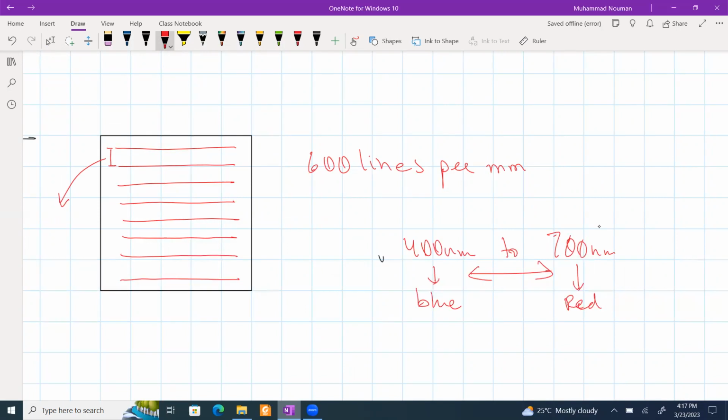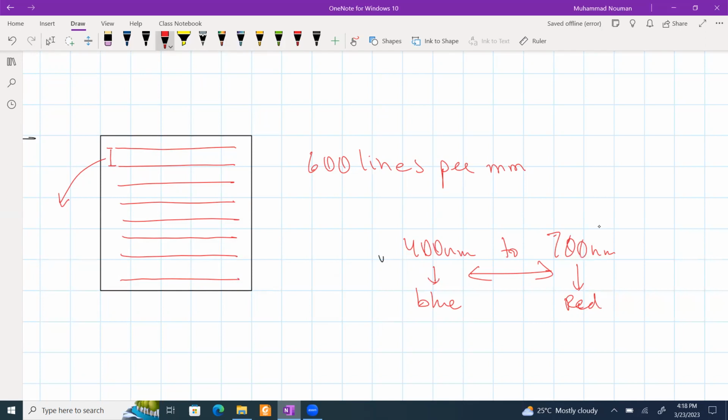So purposely we draw many lines per millimeter, so the size of the slit becomes very small, nearly equal to the wavelength of the light wave, right?